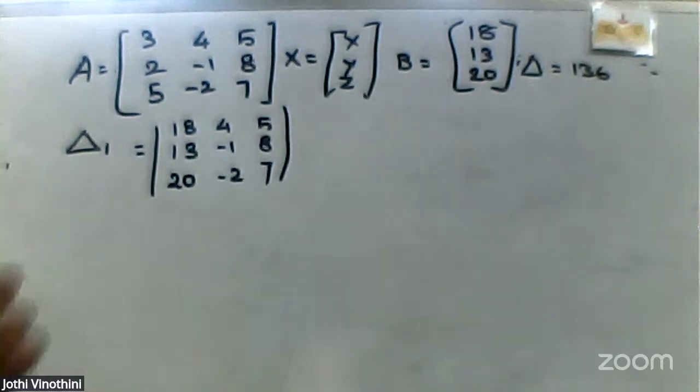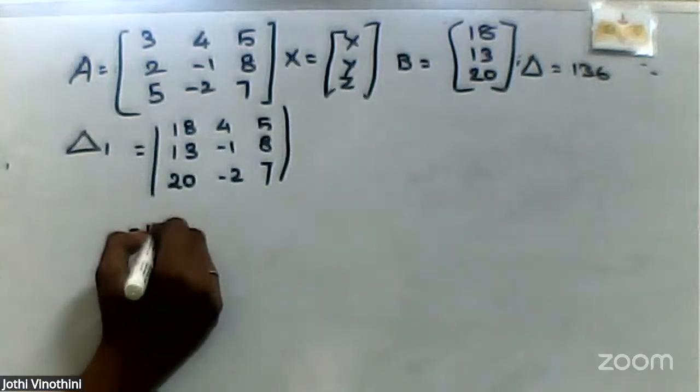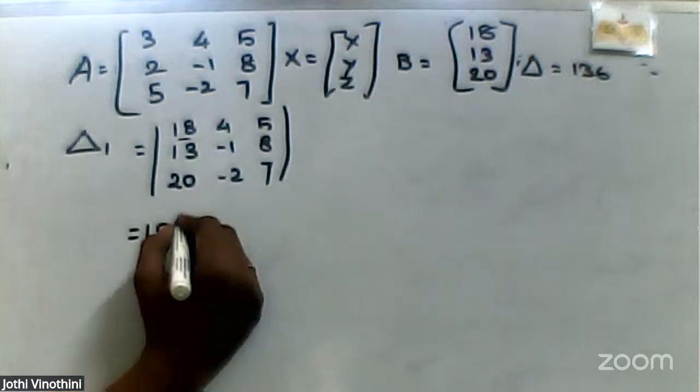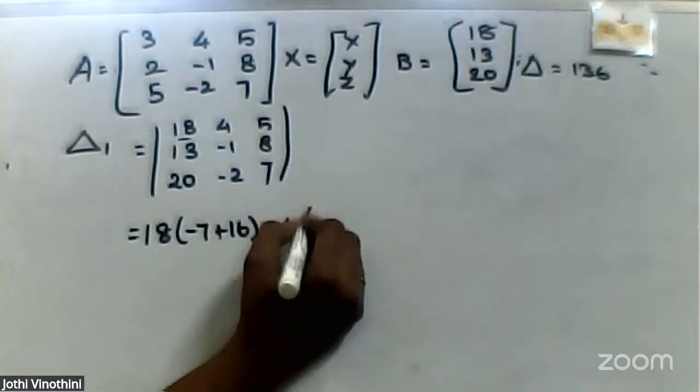See, here also we are going to solve row wise. So I am going to take 18, this element. So it becomes minus 7 plus 16, minus 4.